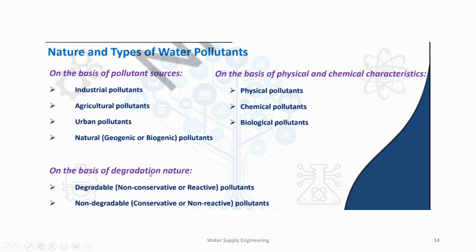On the basis of degradation nature, we have degradable or non-conservative or reactive pollutants, and non-degradable or conservative or non-reactive pollutants. And on the basis of physical and chemical characteristics, we have classified the type of water pollutant as physical pollutant, chemical pollutant, and biological pollutant.